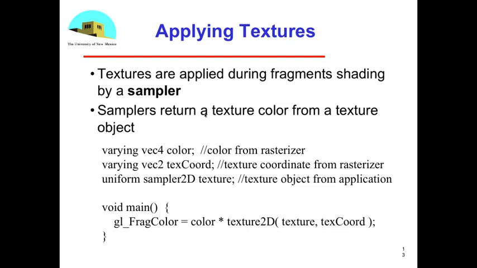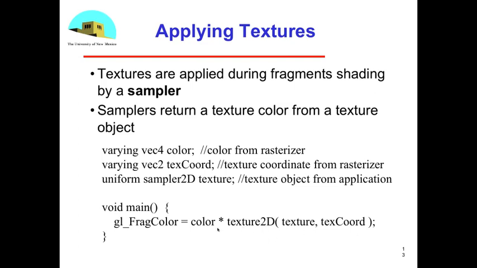Basically, you're passing on the texture object to the fragment shader, and then every time you need a value, all you do is give it the name of that texture object and the texture coordinates you want to apply. There are only two options supported in WebGL: 2D texturing and cube maps, which we'll talk about next week. So this is it. This is how you get the texture.